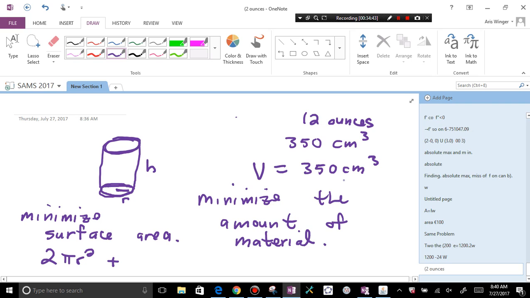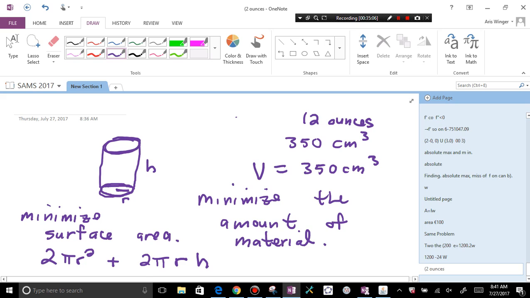So what would the circumference be? 2 pi r, and then the height, that's the height, and then the width would be h, right? So it's this.